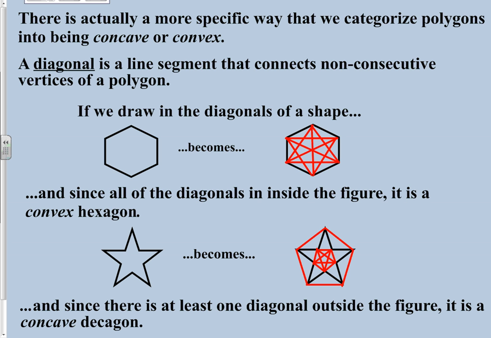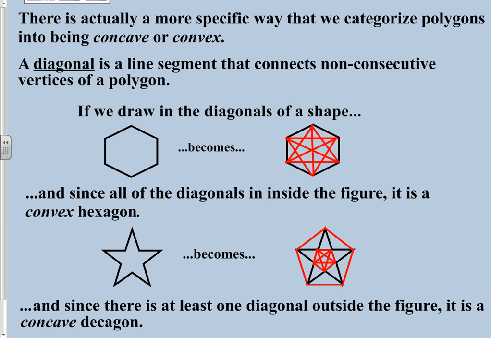We have diagonals outside of the polygon. Okay, so it's nice to know the little descriptions for concave and convex, but you can't rely just on my silly little descriptions. You got to know the textbook definition as well. Okay, and the textbook definition is that none of the diagonals get outside of the polygon.